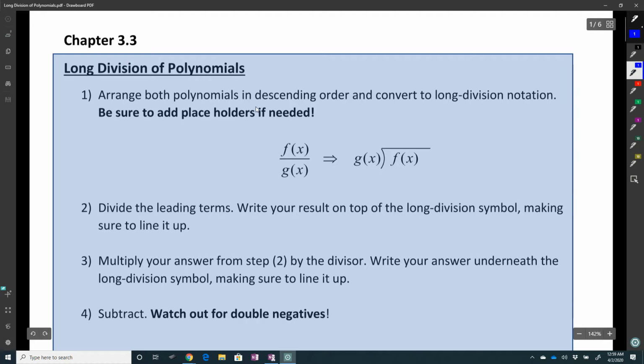So what's different about this is there's now x's in our fraction. So we're dealing with f of x over g of x. Usually f of x has a larger degree. So this guy right here has a larger degree, whereas this one down here has the smaller degree.